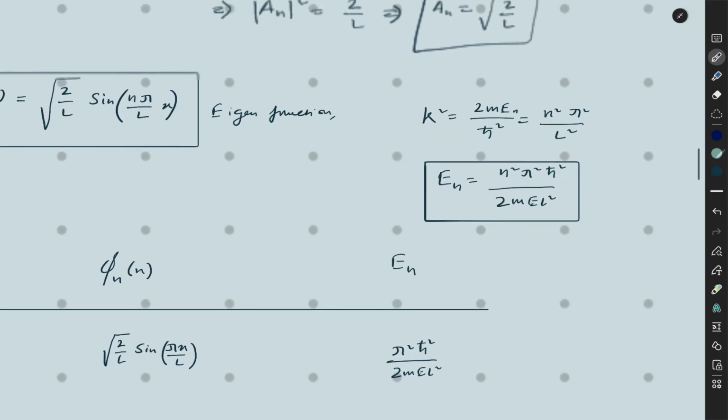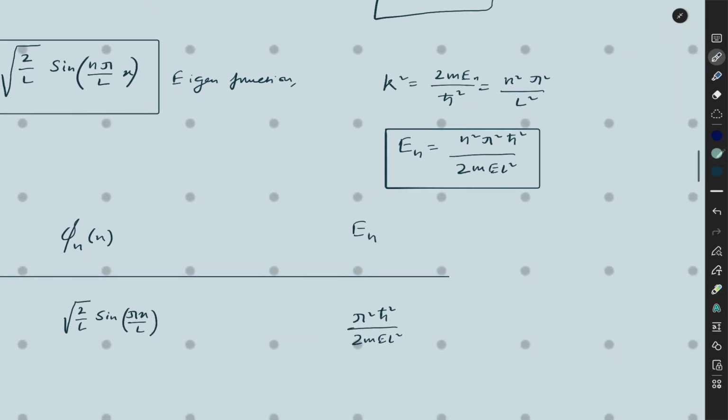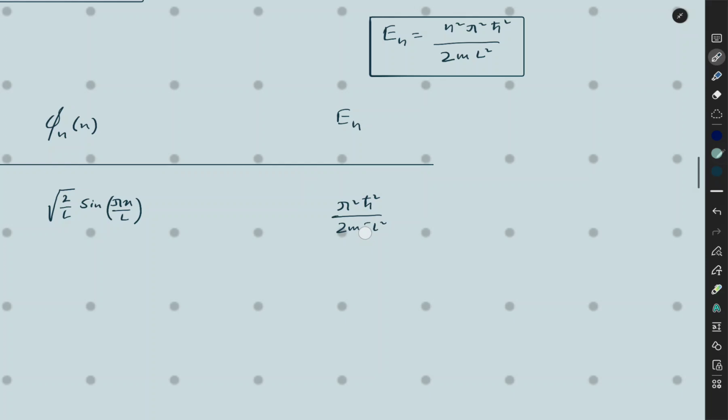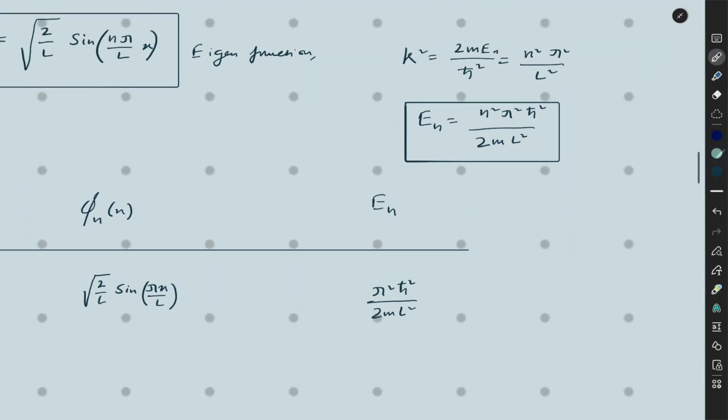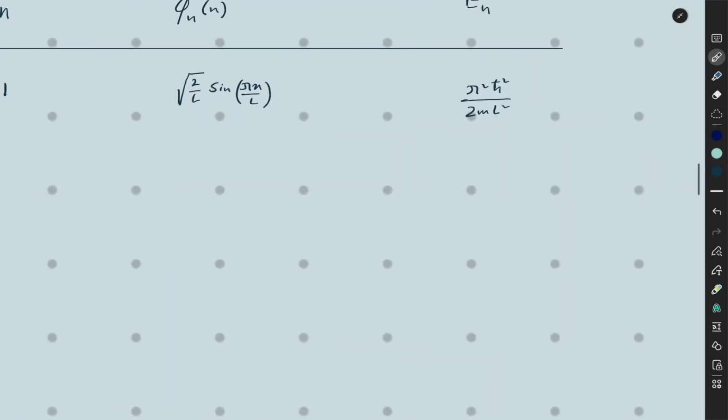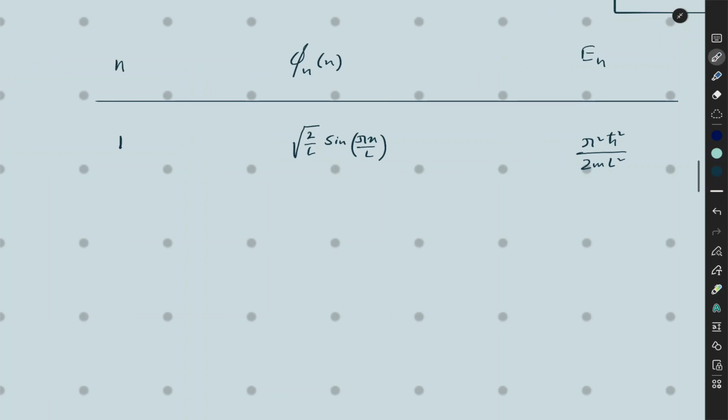Sorry, the E should not be here. By mistake I have written it, so let me just rub it off. So this is the minimum lowest possible energy.